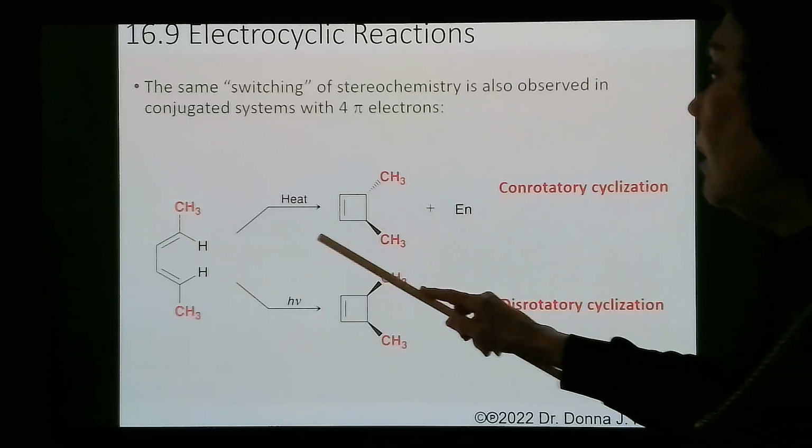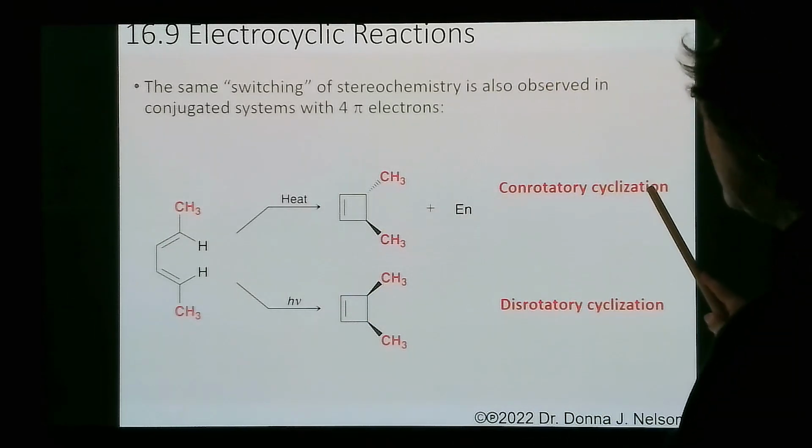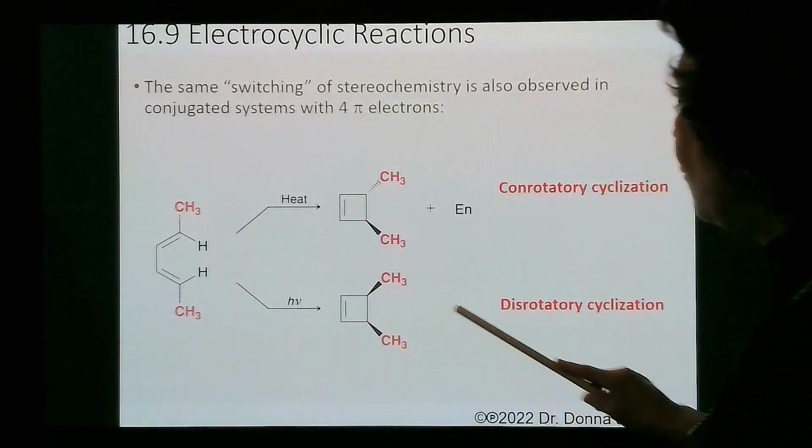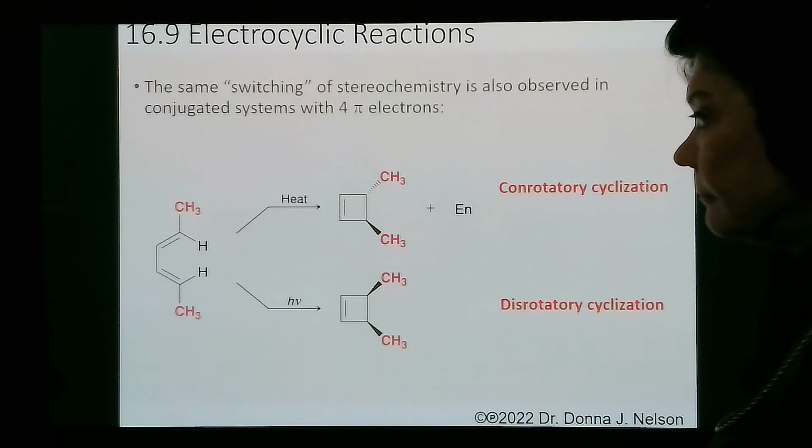This is going to make use of conrotatory cyclization, and this is disrotatory cyclization.